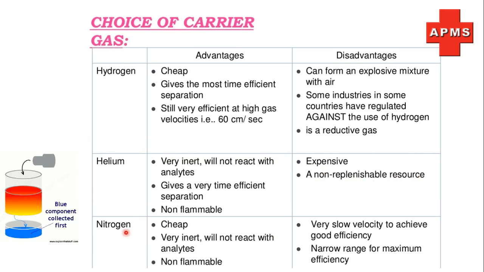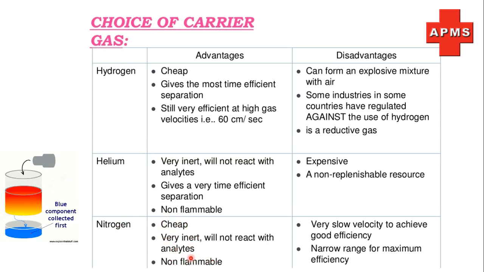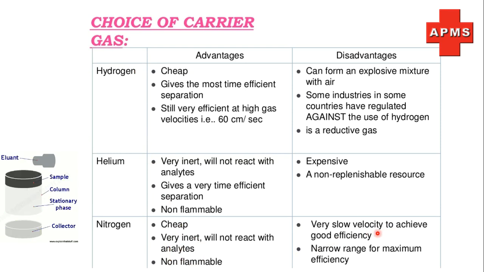Now nitrogen is a cheap gas compared to these both, very inert, and will not react with analytes. It is also an inert gas and does not react with the sample. Also it is not flammable, so it is a very good gas because it is cheap, very inert and not flammable. But a disadvantage is that it needs a very slow velocity to achieve good efficiency.